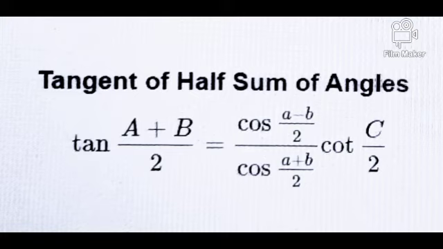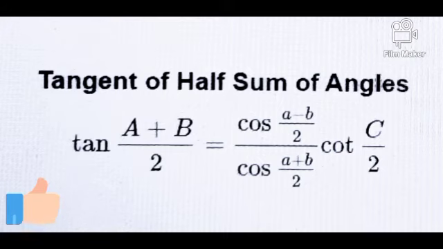You can also try to write the tangent of half the sum of angles B and C, tangent of B plus C over 2. By Napier's analogy, the tangent of B plus C over 2 should be equal to cosine of small b minus small c over 2 over cosine of small b plus small c over 2, multiplied by cotangent of angle capital A over 2.